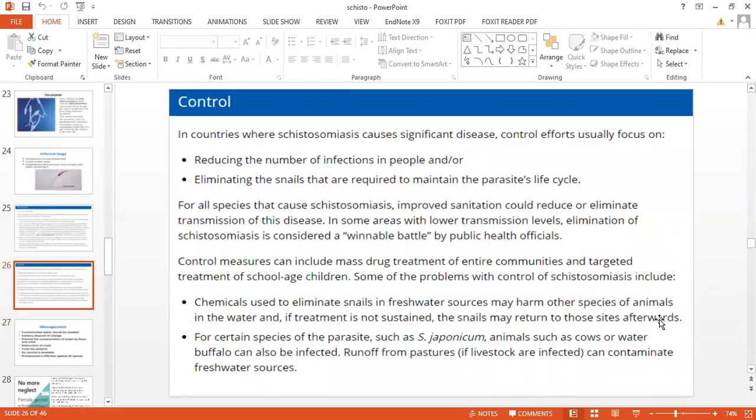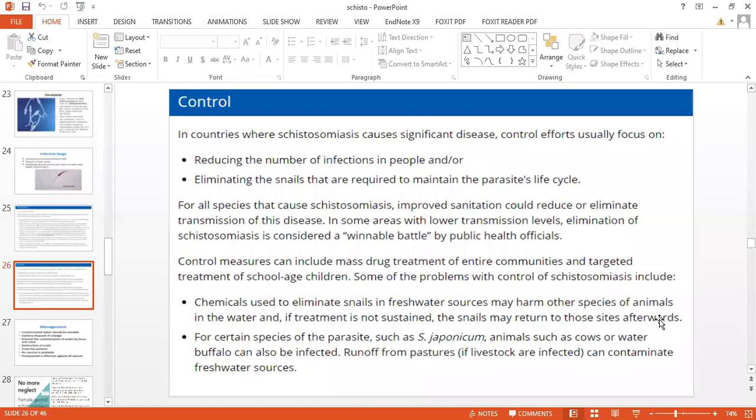For all species that cause schistosomiasis, improved sanitation could reduce or eliminate transmission. In some areas with low transmission levels, elimination is considered a winnable battle by public health officials. Control measures can include mass drug treatment of entire communities and targeted treatment of school-age children.